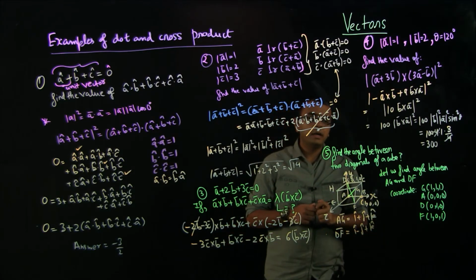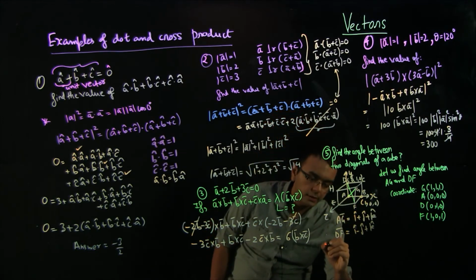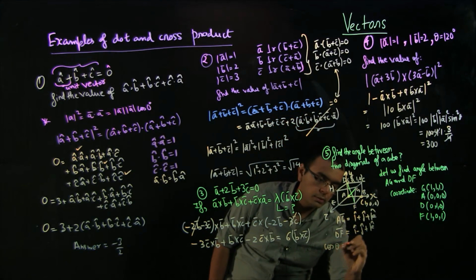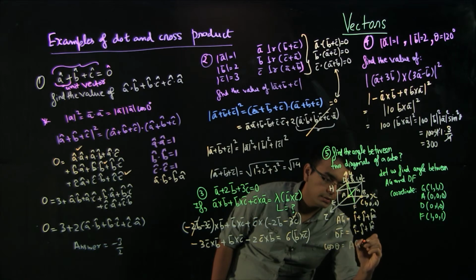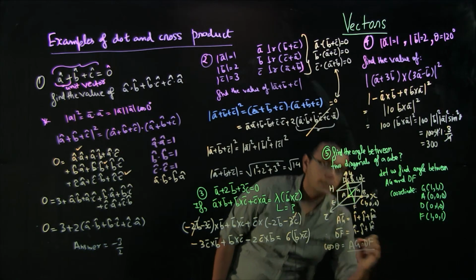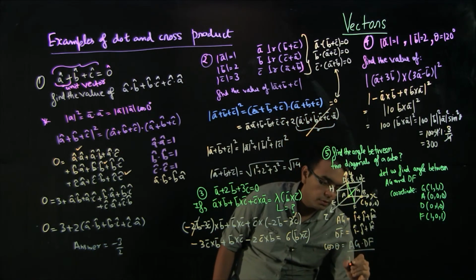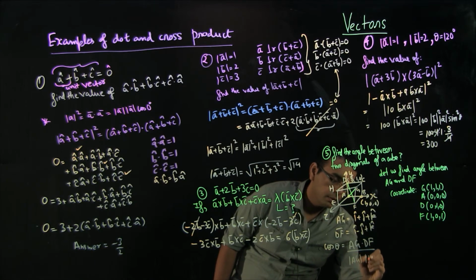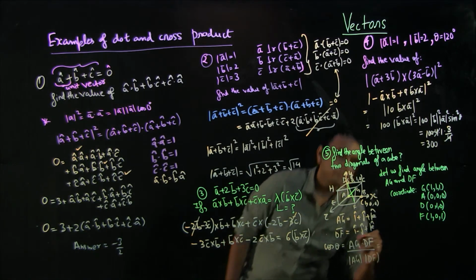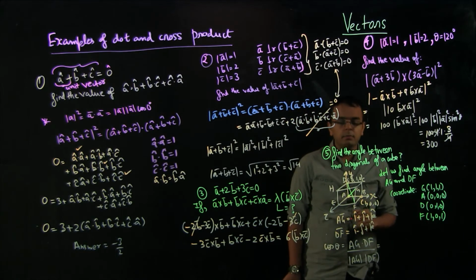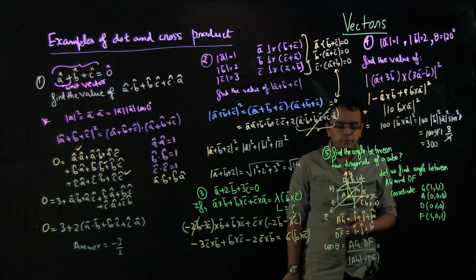And cos theta between the vectors would be AG dot DF divided by mod of AG times mod of DF.